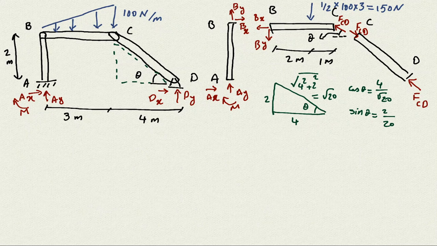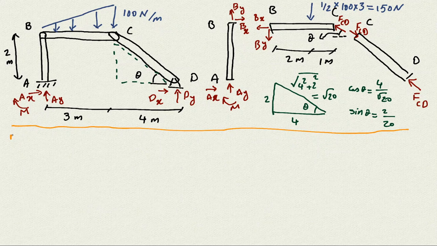So let me draw the line here, and now I will start the calculation with member BC. So let's start with the member BC first.